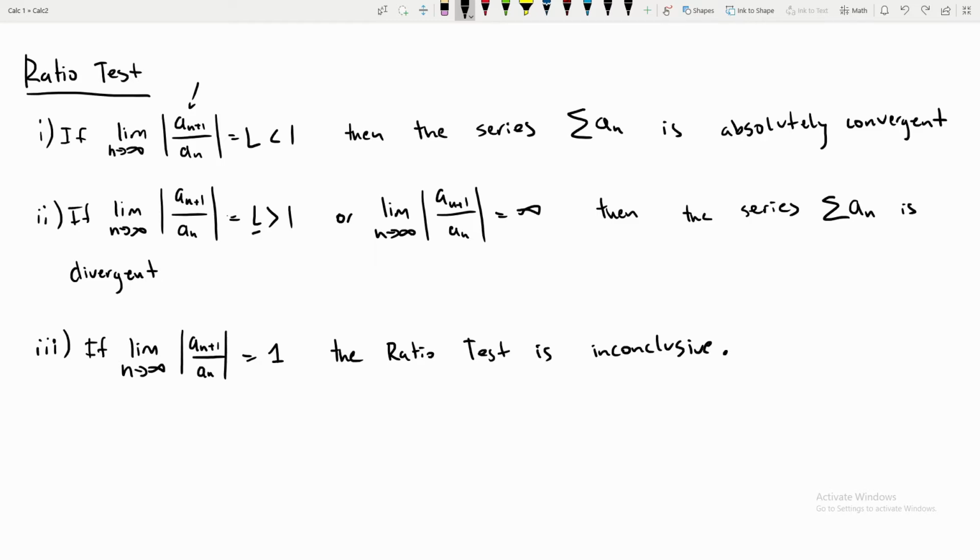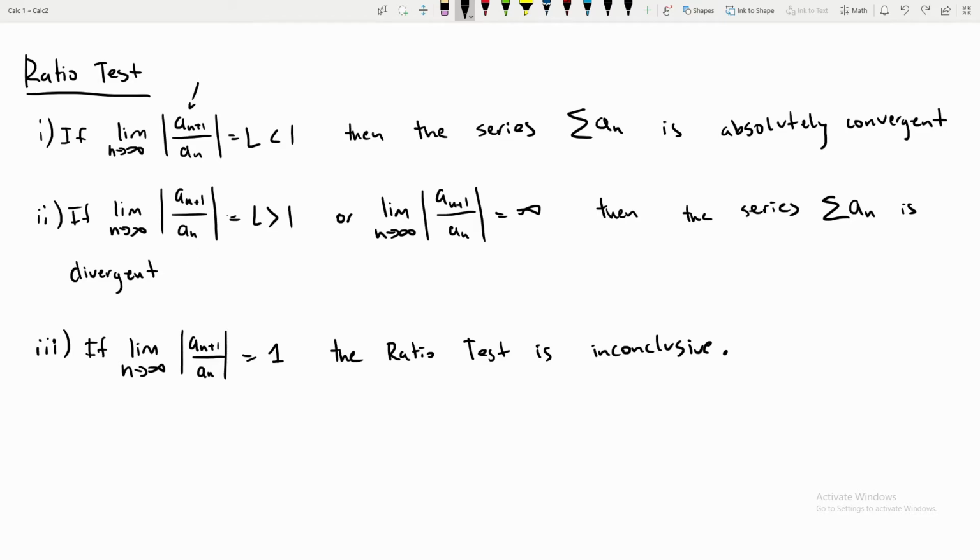Now, if that limit L is greater than 1, or it's equal to infinity, in that case, the series is going to be divergent. And again, you can clearly see it's super useful. There are no really complex calculations needed. You'll see how it's just us simplifying stuff like these 2 terms.